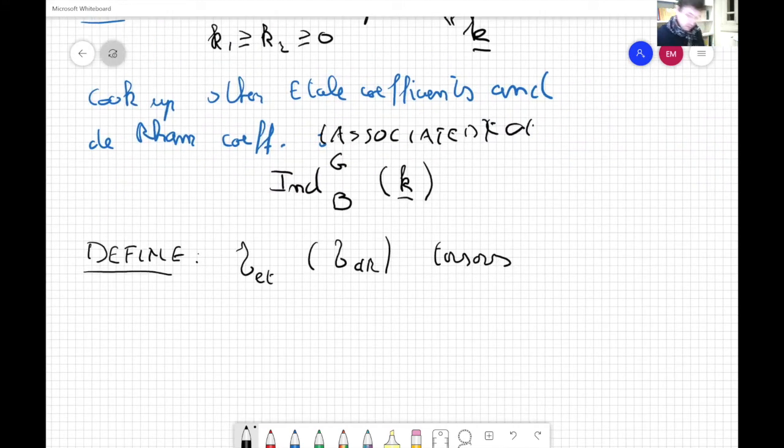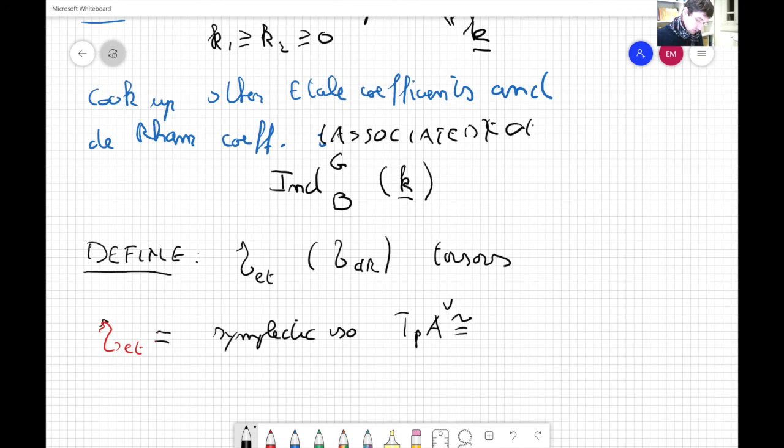If you take functions on these torsors that transform nicely under the Borel, nicely meaning through the character underline k that I fixed, I get exactly my representation. The first torsor is given by the symplectic isomorphisms of the dual of the Tate module and the dual of V_p.